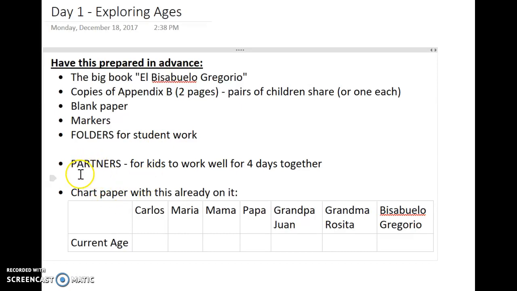For the first 4 days, they should be working with the same partner. So it can be helpful, since you already know your kids, to choose those partners in advance to set them up for success. I like to vary the way that you partner as you go through the unit, so sometimes matching a strong child with a weak child, and sometimes matching strong kids together and weaker kids together.